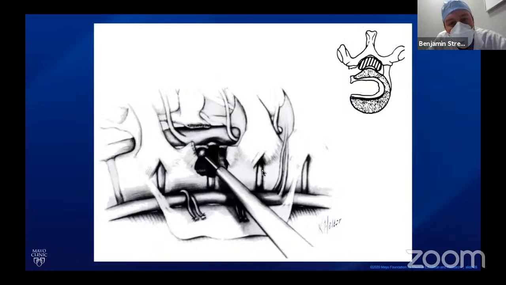So the next steps described in their operative technique are actually to leave the posterior offending structures and disc herniation intact for the time being, and then to carve out a cavity with the use of rongeurs as well as a high-speed diamond-tipped burr to create a cavity for decompression to proceed.